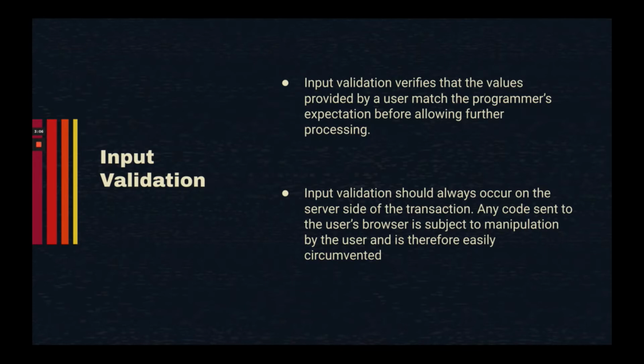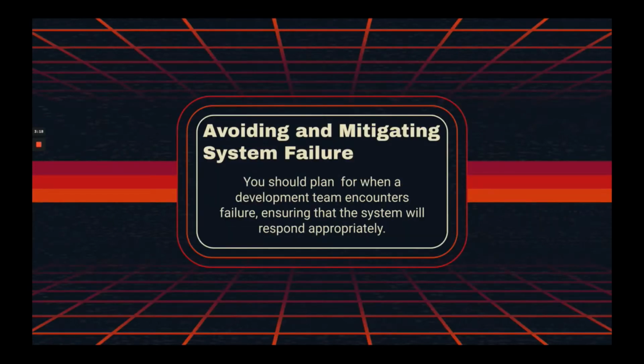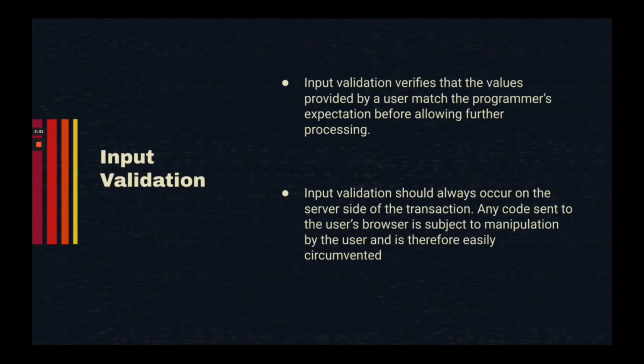Input validation should always occur on the server side of the transaction. Any code sent to the user's browser is subject to manipulation by the users and is therefore easily circumvented. In this part of the presentation, we're going to see what we can do to avoid and mitigate system failures. So yes, input validation is an example.